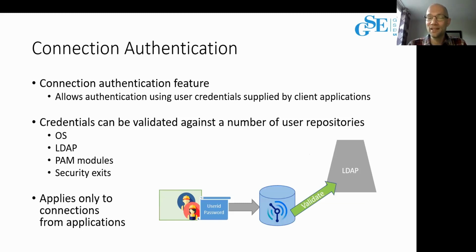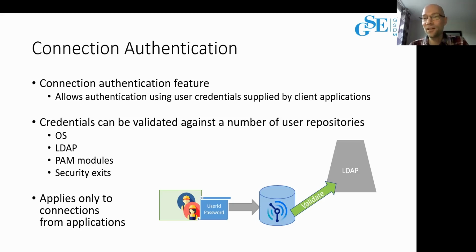And one of the more recent enhancements is the way for applications to send a user ID and a password to the queue manager when they connect. The way that we configure the queue manager to check the user ID and the password is to use connection authentication. This is a bit of configuration in the queue manager that specifies whether and how the queue manager should check that user ID and the password that's specified by the client.